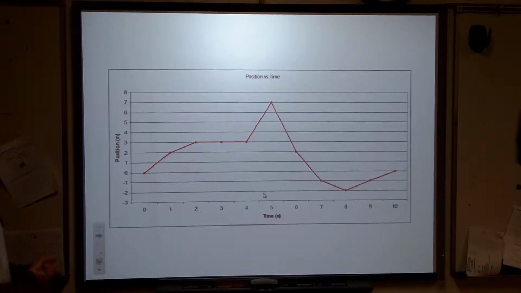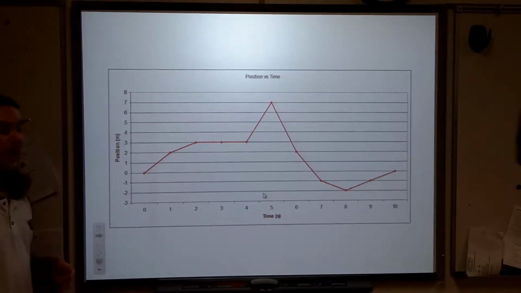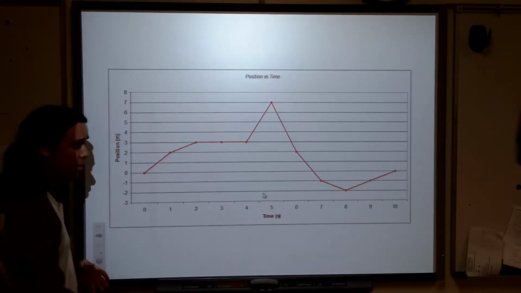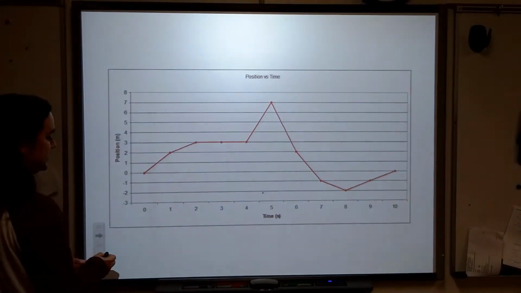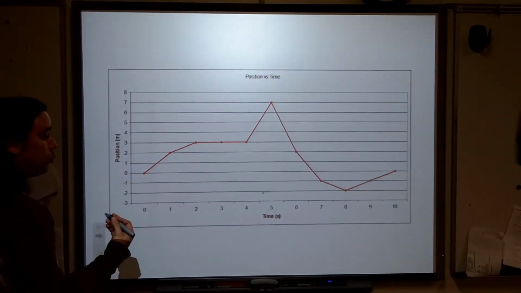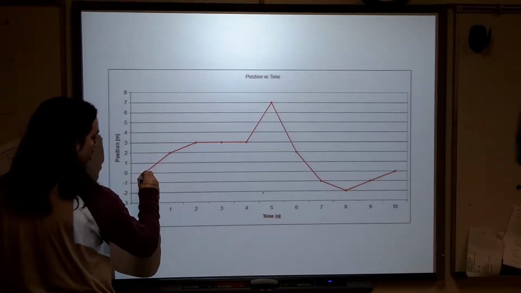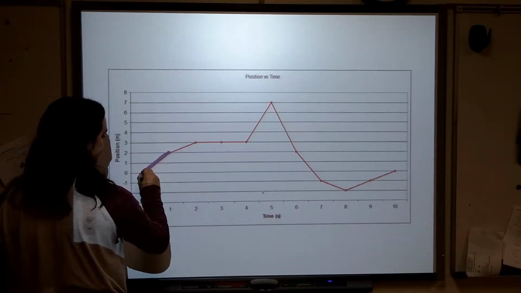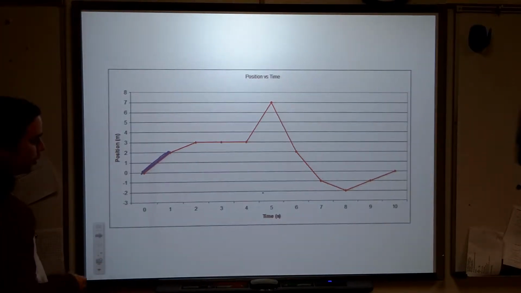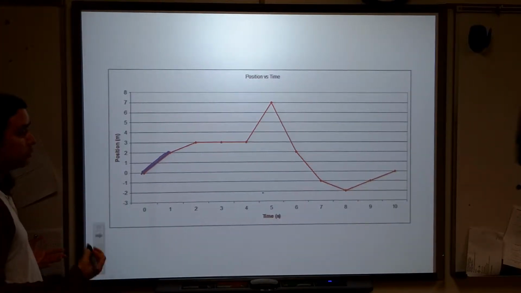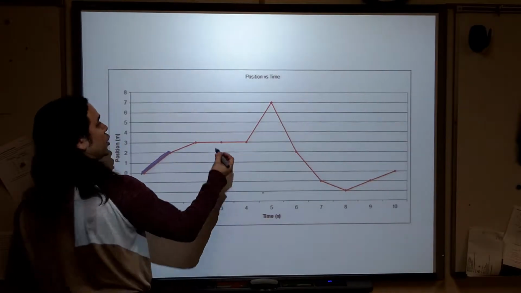But the reason why we choose specific graphs is what else we can tell. Now, one of the things that we're going to want to look at is going to be our slope. Now, we've graphed many things here in class, and one of the things that we're constantly looking for is the slope. So if I look for the slope in this section, we find slopes by using rise over run.